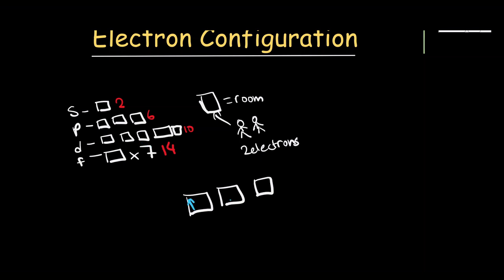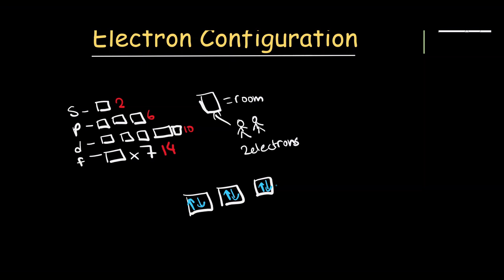First guy goes here, the second guy goes here, the third guy goes here. So if you see, I have to fill up the orbitals first, okay? So it's not like, okay, first this, then this. No, it doesn't go that way. First, you have to fill up the first orbital, second, third, and then they're always the opposite.